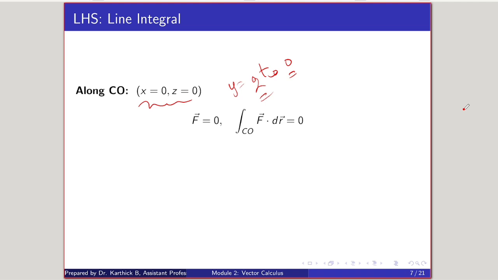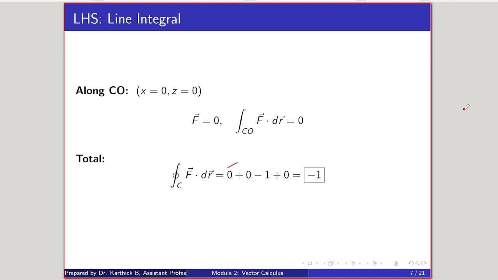So if you see the function, f vector will be xy i vector minus 2yz j vector minus xz k vector. If you substitute the values, x and z are in all three terms, so it becomes 0. And here the variable y goes from 2 to 0. If I integrate 0 with respect to any variable, I will get 0 alone. So we have completed the full cycle.